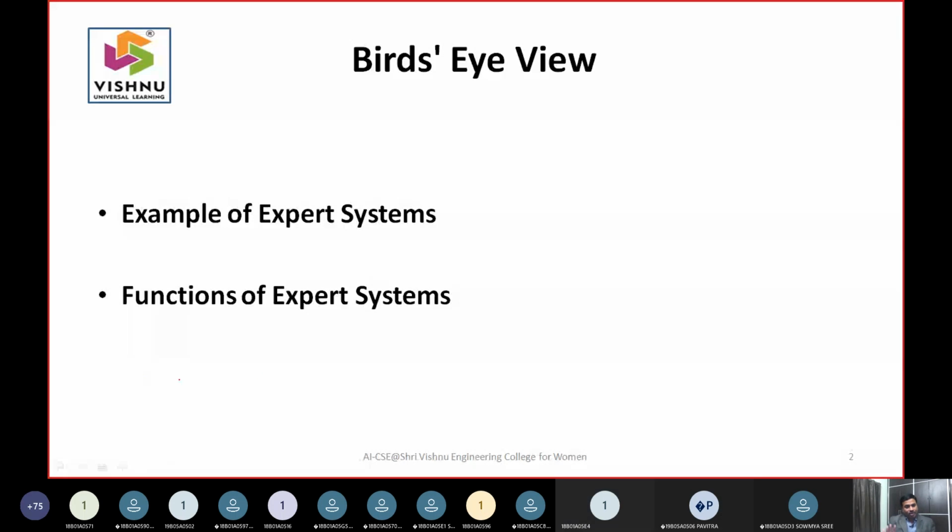So the agenda of the class is very simple. Before getting into the expert system, which is very important, the reason is that if you talk to your seniors or take any challenge in artificial intelligence, you have to at least build some apps which relate to expert systems. If you talk to your seniors in the fourth year, they have designed some AI systems to assist various apps.